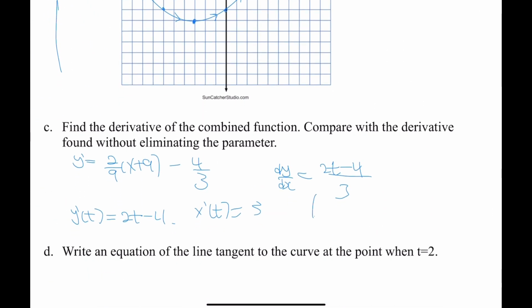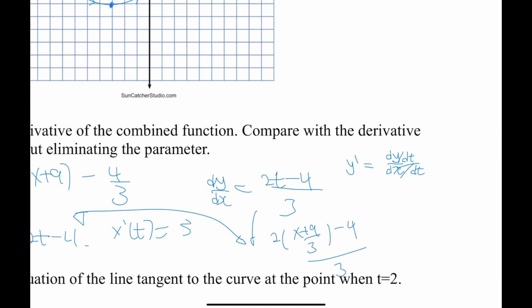So if you just plug in 2 times (x plus 9) over 3 minus 4 over 3, we're easily going to get the same answer. If you simplify this, this is equal to this one. So yeah, the comparison works. So y prime equals dy over dx, or dy/dt over dx/dt. Okay, so this is basically all we have.